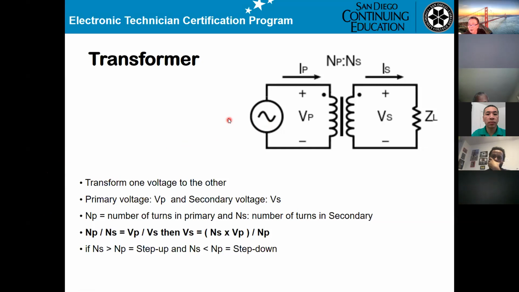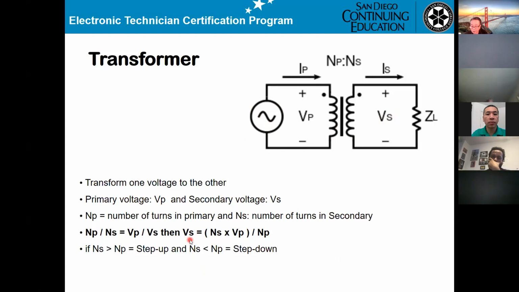Now, if you get 400 volt VP, that means primary. VS means secondary. If you get 400 volt here, coming out here you get 120 volt. That's what they're talking about: step down transformer. You get a high input, low output. If you get 120 volt input here and 400 output here, they mean step up transformer.